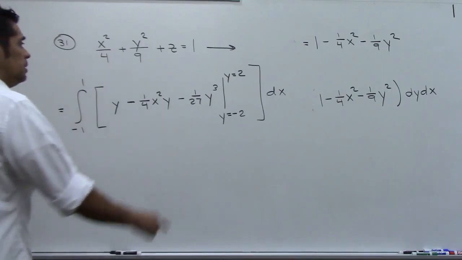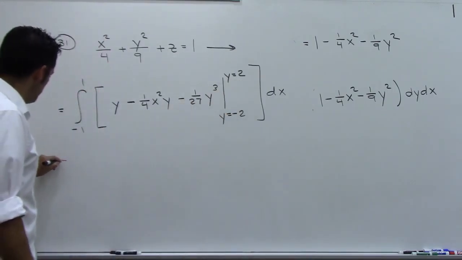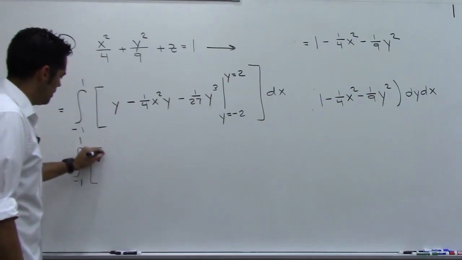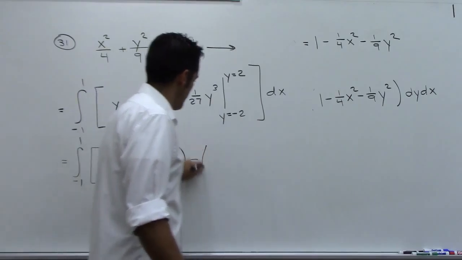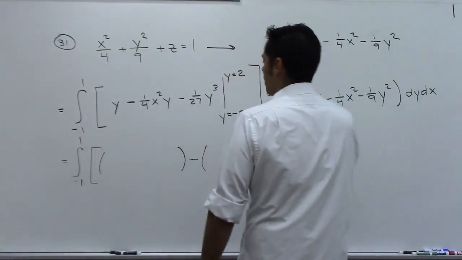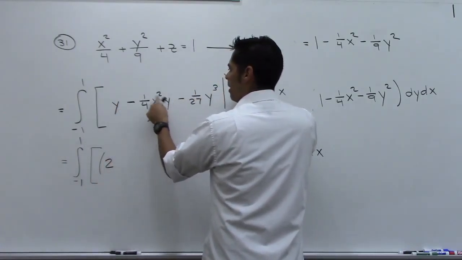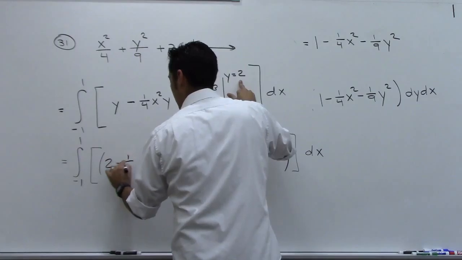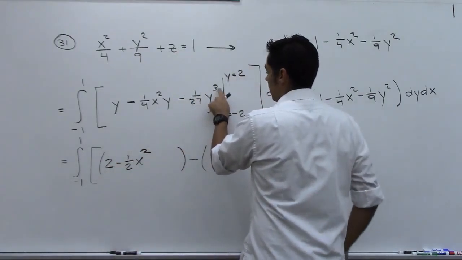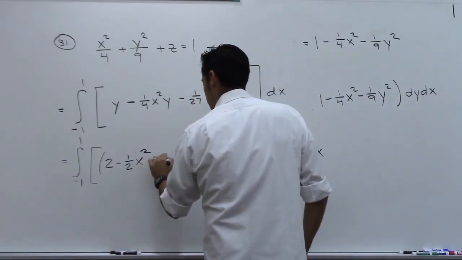So the 2 is going to go in for y. So when we plug in 2, we're going to get two things here. Plug in 2 for y, we get 2. 2 right here for y times the 1/4, we get minus 1/2 x squared. 2 for y here, we get 8, right? 8 over 27, so minus 8 over 27.